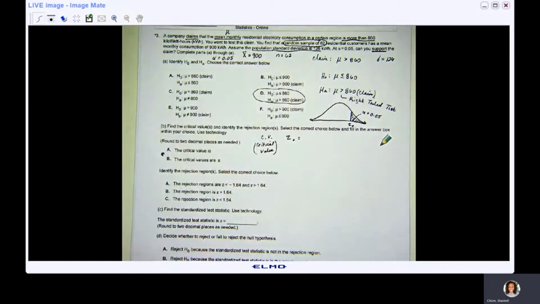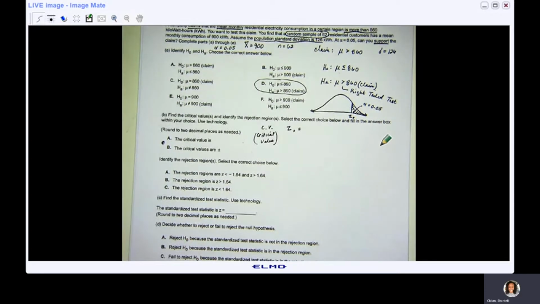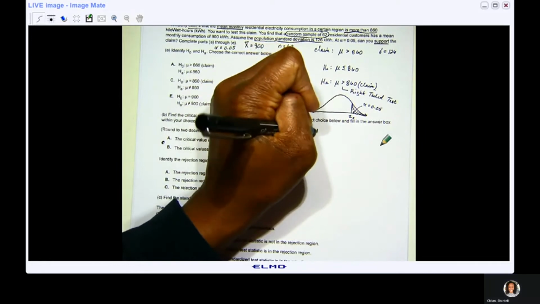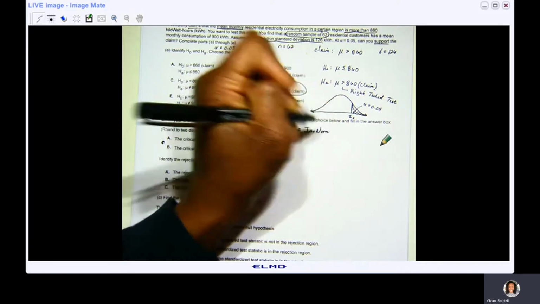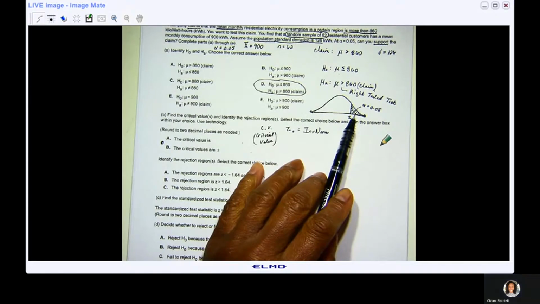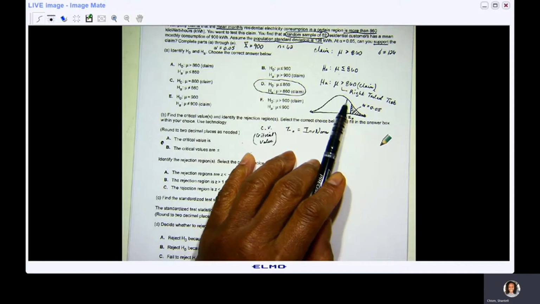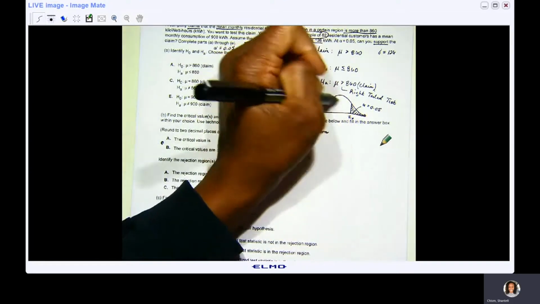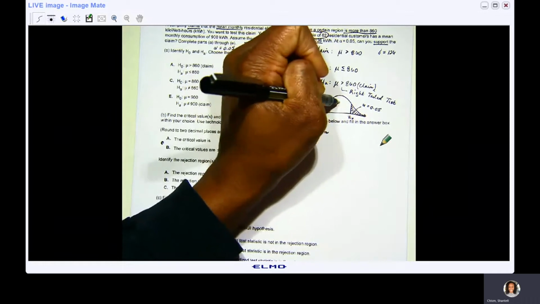And the way that we get it is we use inverse norm. Now, when I use inverse norm, remember I have to use the area that's to the left. I have the area in the right, okay? So 0.05 is the area in the right tail. Keep in mind the total area under the curve is 1. So this region would be 1 minus 0.05.